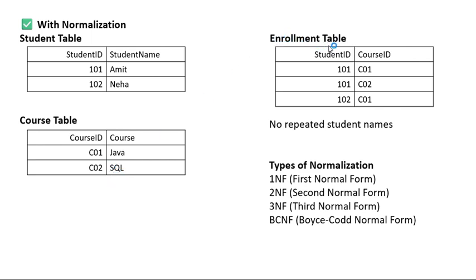And inside the enrollment table are the student ID and the course ID. 101 selects the course C01, which is Java, and 101 selects another course, SQL, as C02, and 102 selects the course Java as C01, and there are no repeated student names.